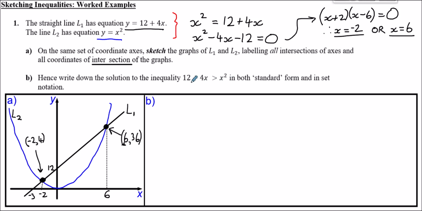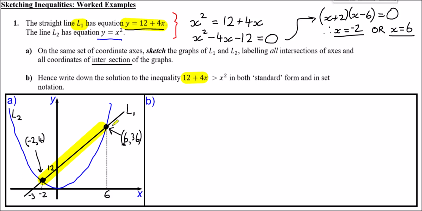So whereabouts is this line, L1, which is 12 plus 4x, whereabouts is this yellow one above x squared, this blue parabola? Well, obviously you can see it's above in between these points of intersection. So we're looking in this region here.